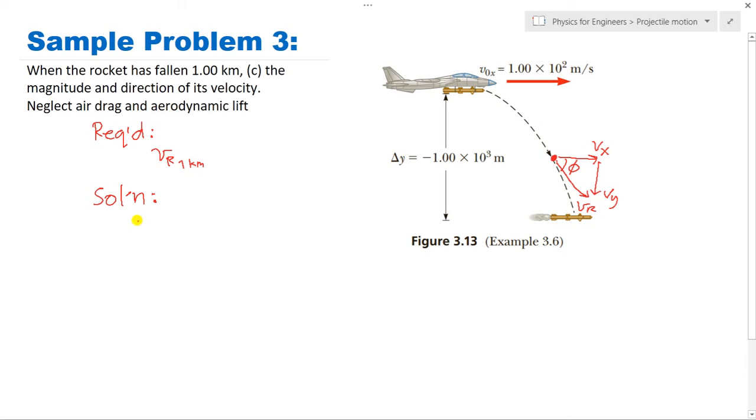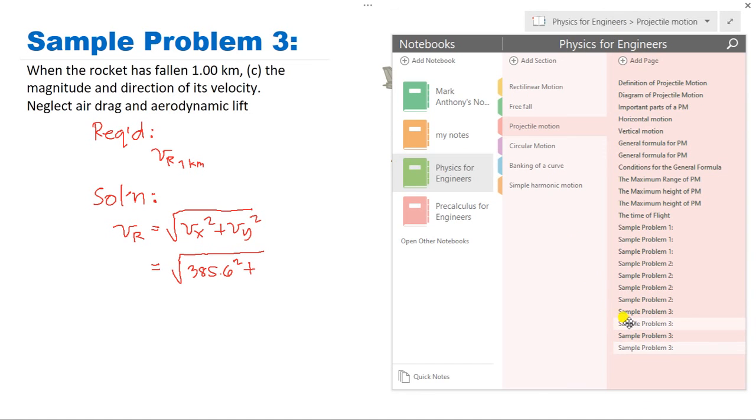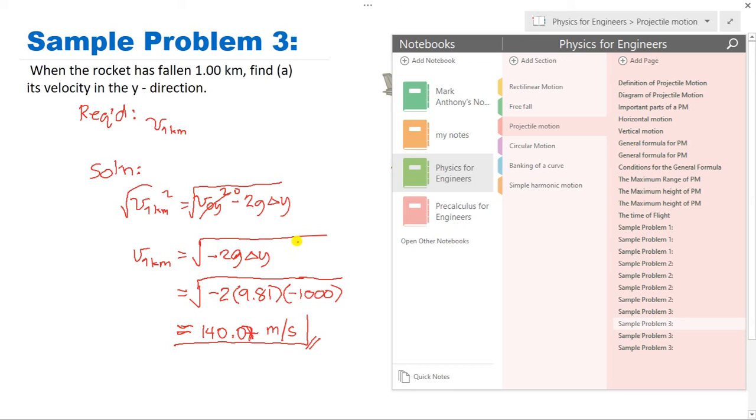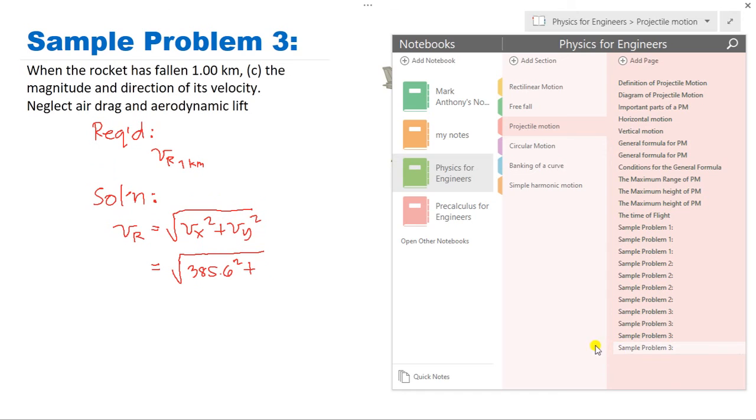So in order to solve for VR, VR is just equal to the square root of the sum of the squares of your Vx and your Vy. Ganun lang. Then what is the value of our Vx? From the previous, we get a value of our Vx approximately 385.6 squared, plus, how about our velocity along y? So this one, 140.07. So let's plug it here.